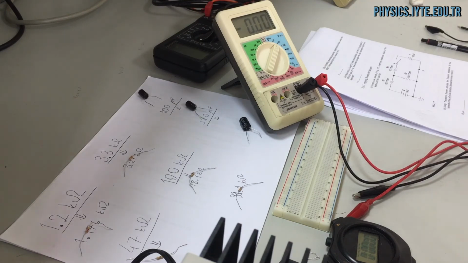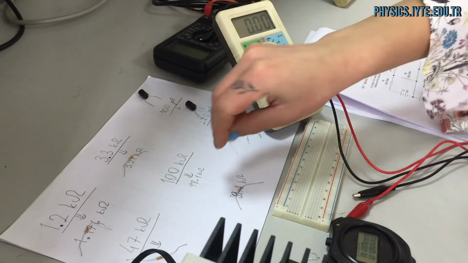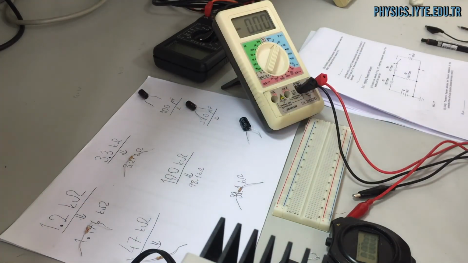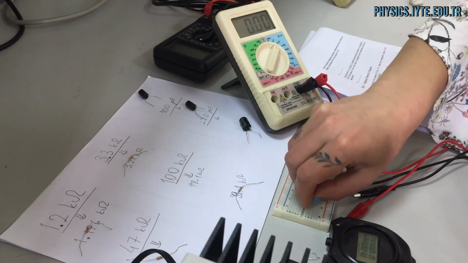For the last part of the experiment, Thevenin's theorem will be applied to the circuit. To do that, a voltage source of 16 volts will be used and a 100 kilo ohm resistor, which has an actual value of 98.1 kilo ohm, will be inserted into the circuit.